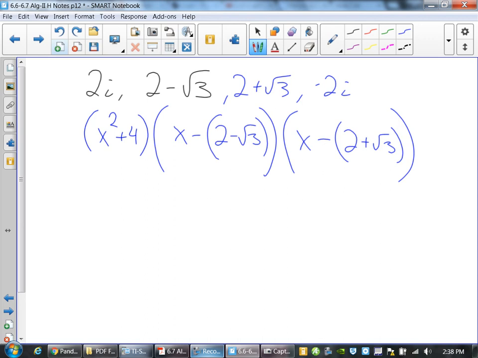Where are you getting x squared plus 4? When I had the zeros of plus and minus 2i, the only way I can get that is if my term was x squared plus 4, because here I subtract 4 and take the square root. But that's why it works? Yeah.